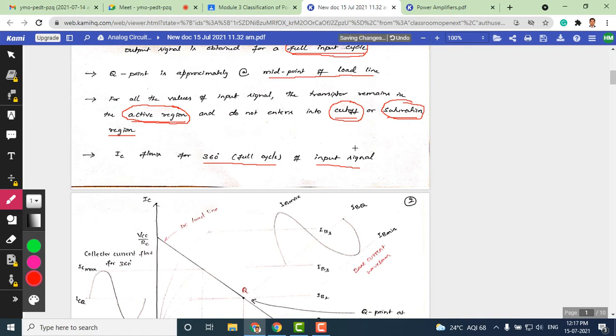For the entire duration of the input signal, both the positive half cycle and the negative half cycle, the output current flows, so the collector current flows for 360 degrees.